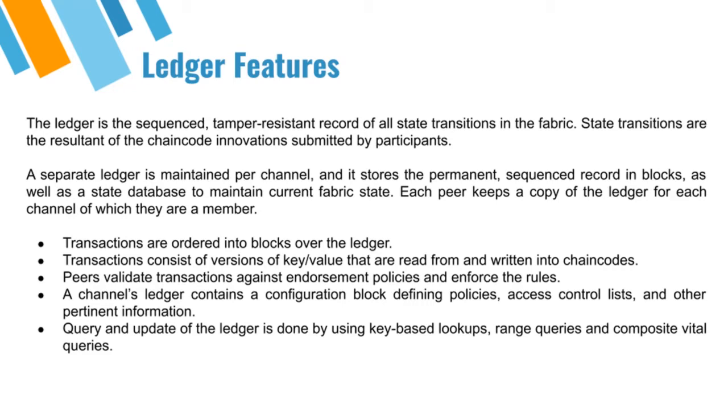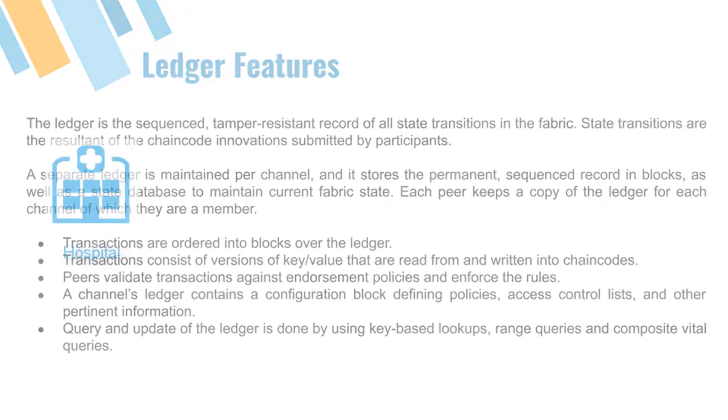As we have already discussed, Hyperledger provides you with the functionality of channels, and every channel maintains a separate ledger. Every channel stores the permanent sequence record of blocks as constituted by the state of the ledger. Moreover, each peer keeps a copy of the ledger for each channel which they are part of.